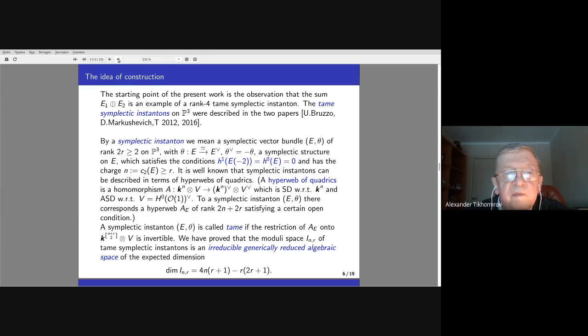Unfortunately, it is a priori not clear whether it is a scheme, but it is obtained as a quotient of the space of symplectic monads, which is a locally closed subscheme of the space of all hyperwebs of quadrics, by a linear group. But inside it, we will distinguish a certain dense open subscheme, which I will define later.